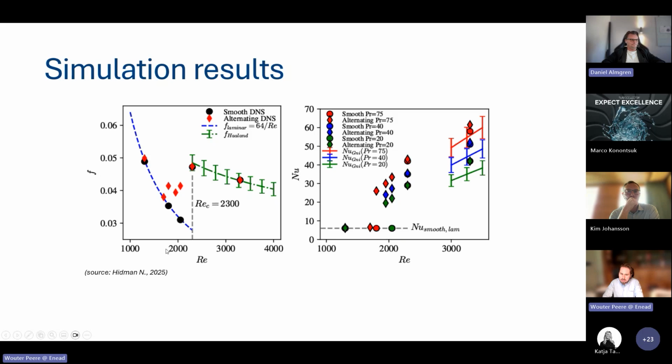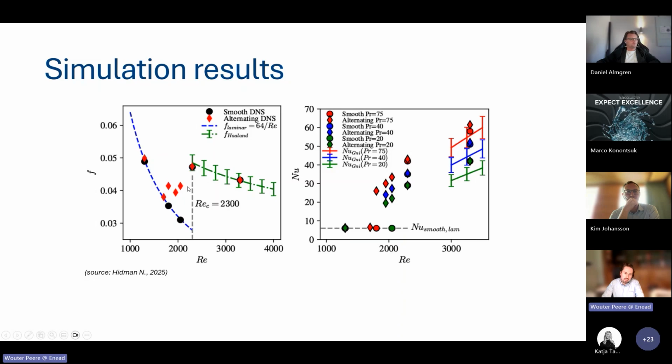And based on this simulation, they actually found these very complicated graphs, but let me just go through it. So what you see here is on the x-axis the Reynolds number, and on the y-axis the friction factor, and we have this blue line and this green line. And these are just correlations we have known for decades. And it's basically a reference, whether our model worked or not. The black dots are regular smooth pipes, which, as you can see, beautifully follow these already known solutions.